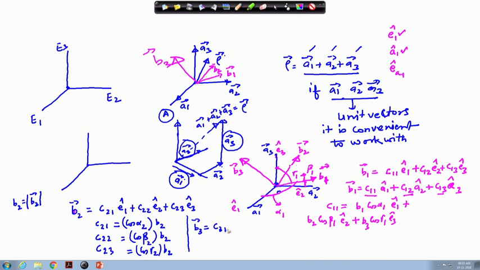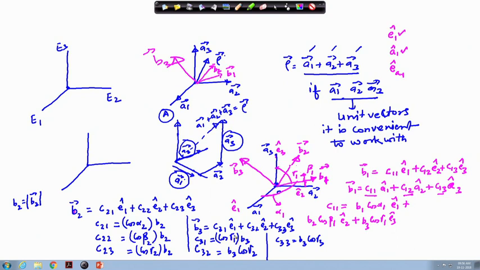So, this will be C 3 1 E 1 cap plus C 3 2 E 2 cap plus C 3 3 E 3 cap, where C 3 1 becomes B 3 times cos alpha 3, C 3 2 equals B 3 times cos beta 3, and C 3 3 is B 3 times cos gamma 3, again with alpha, beta, gamma.